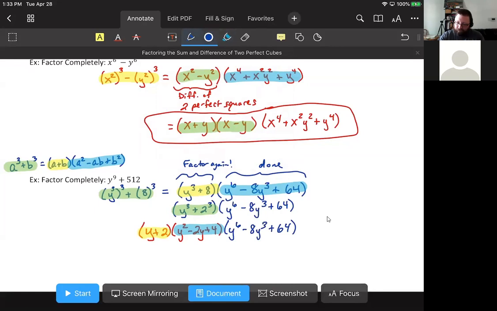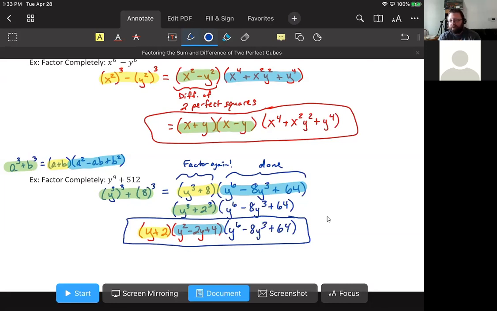And that would be our final answer right there. That whole ugly mess of a factored out polynomial. We would factor all the way out into y plus 2 times y squared minus 2y plus 4 times y to the sixth minus 8y to the third plus 64.